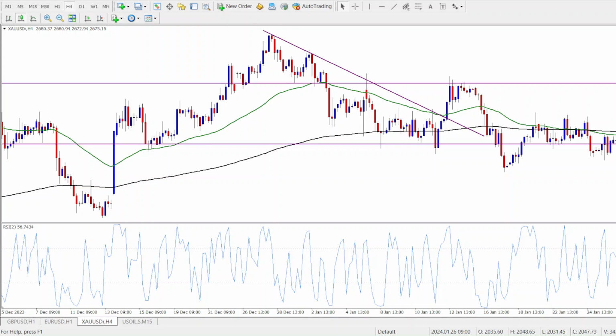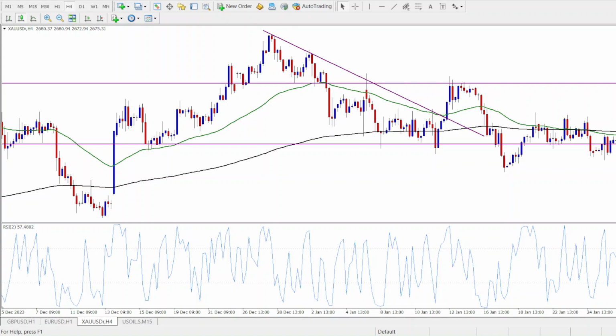Now for a buy trade it's just the opposite. In terms of risk management, it's very important that you place your stop loss just above the resistance level for a sell trade, and for a buy trade, just below the support level. It's very important to use a stop loss to protect your capital, and it's good to have a good risk to reward ratio.